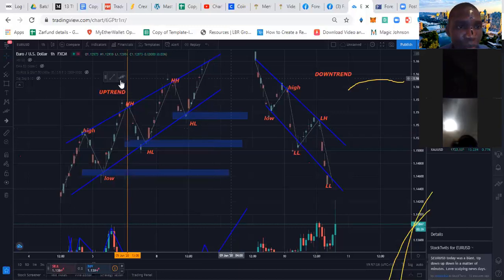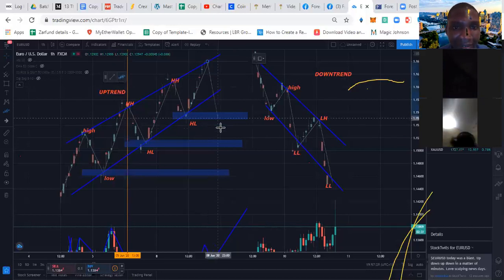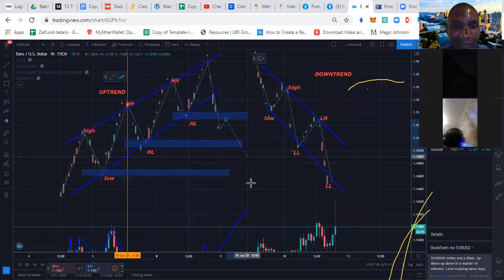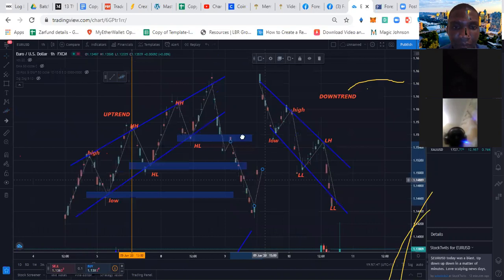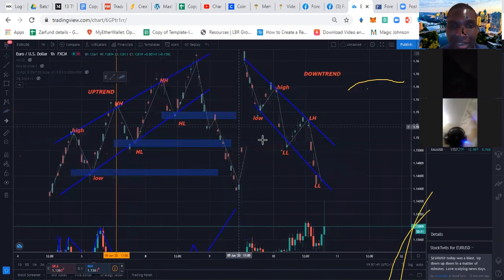Then when price now moves like this and breaks like this, and breaks like this, that's when you see that the trend has changed. The trend has changed when price has broken the recent low.